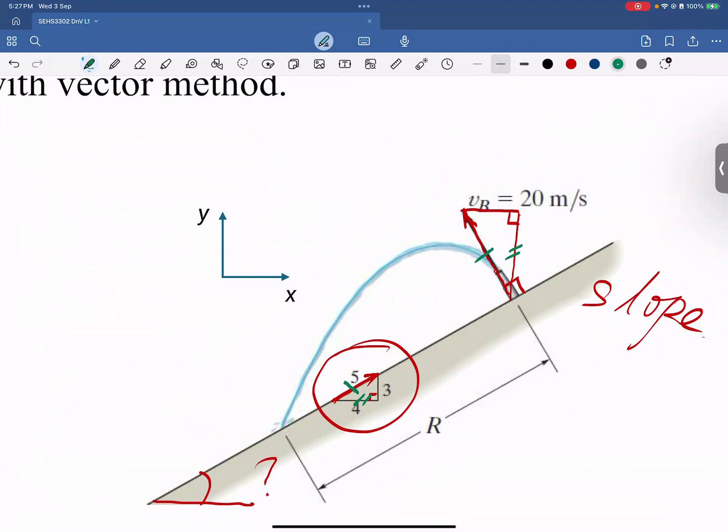At last, this one is perpendicular to this one, right? So these two triangles are similar to each other. So we can have the similar ratio here, right? The ratio is: the longer leg is 4, the shorter leg is 3, the hypotenuse is 5. We have such a ratio.